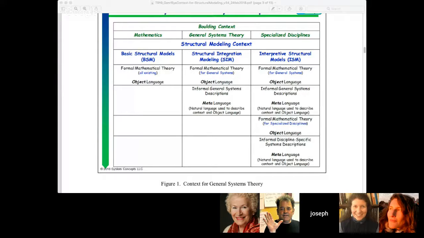Well, specialty systems limit themselves to certain kinds of nature. That's how you specialize, by limiting. But general systems theory can apply to them all, to everywhere. So it's unlimited.